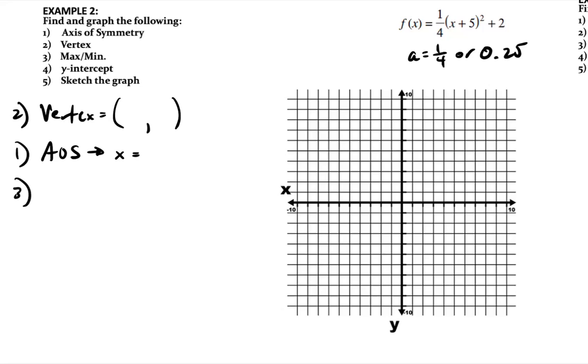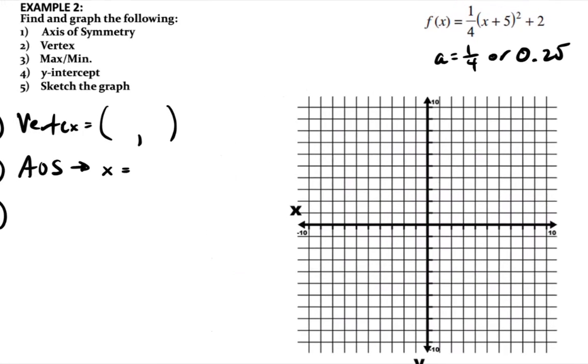Okay, so the vertex, again, H lies. H is right here. It should be +5, right? It should be +5 in there, but it's a liar. So it's actually going to be -5. K tells the truth. Okay, so I'm going to make that dot.